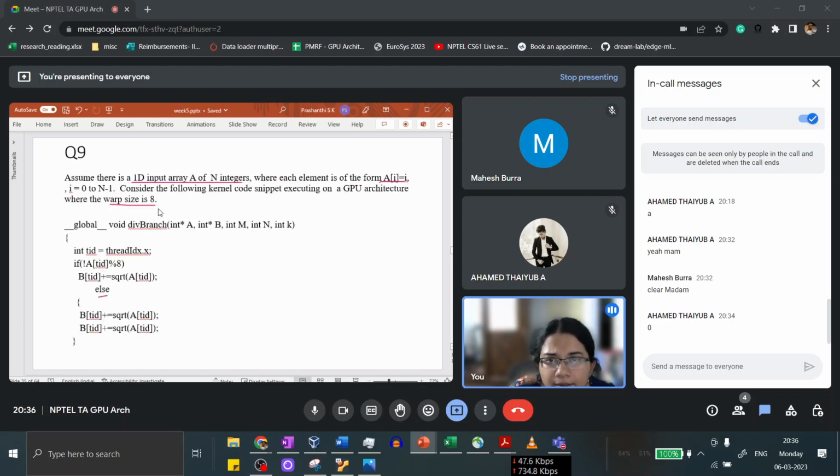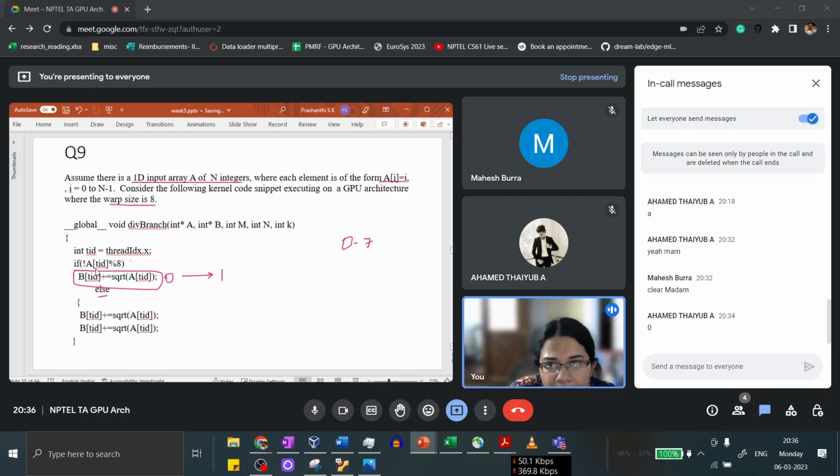So we are talking about warp 0 where the threads are numbered 0 to 7. For thread 0, what happens? A[0] is 0, and 0 mod 8 is again 0. Not of 0 is 1, so it comes down to this path. So thread 0 executes one square root instruction. Now let's think about TID 1.